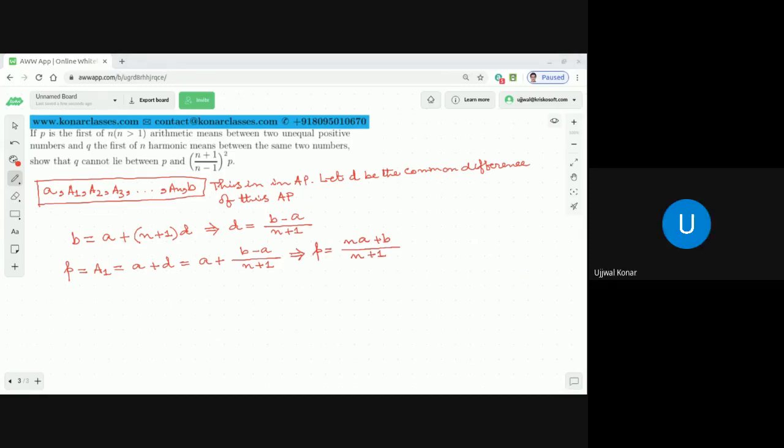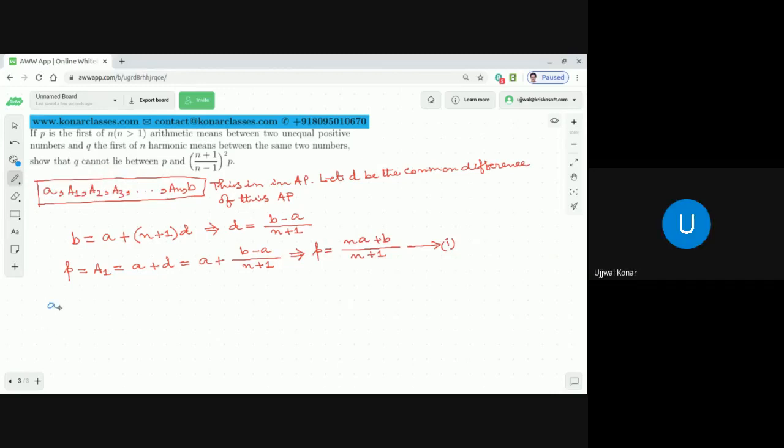Now, let's look into the harmonic mean part of the statement. Let me give this as equation 1. Now, what about the harmonic mean? Let me use a different color so that we can always differentiate.